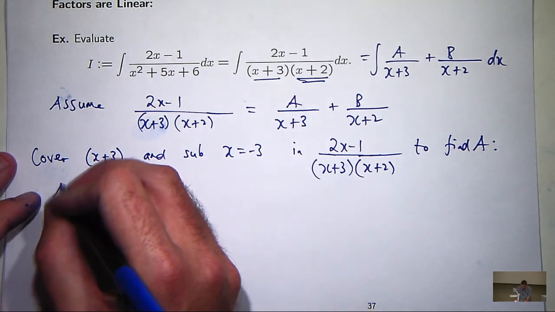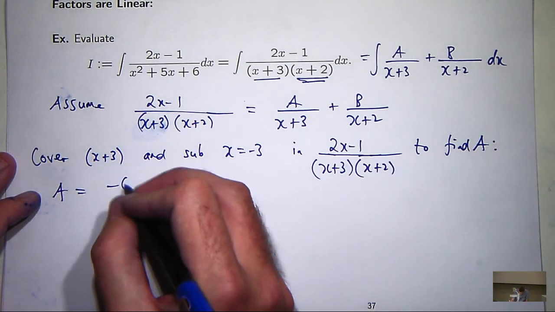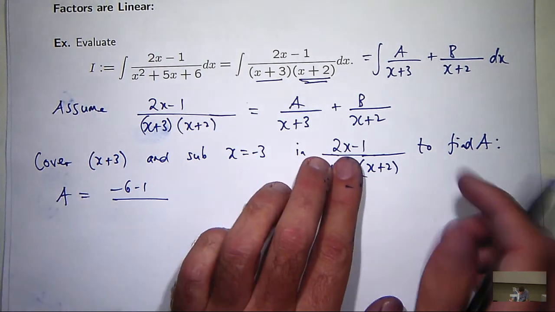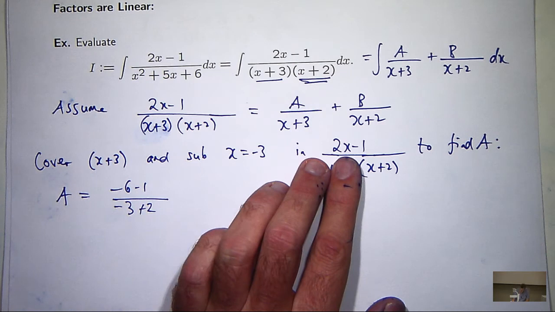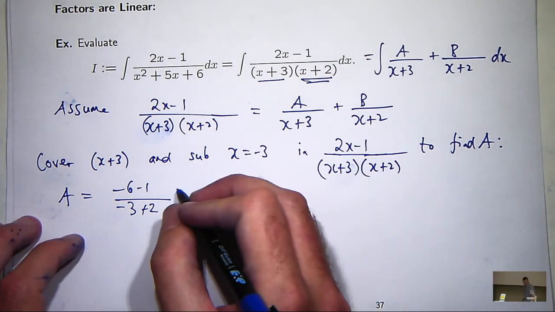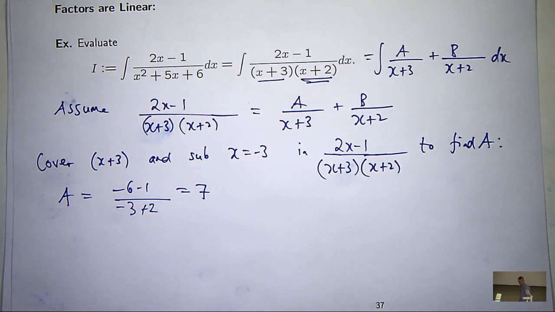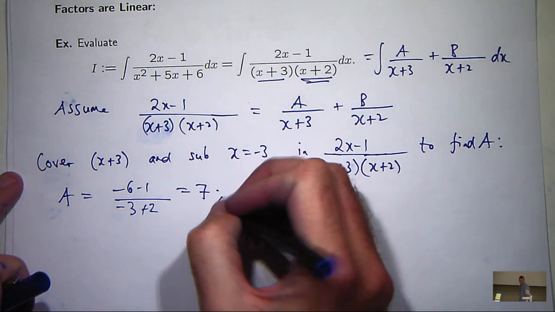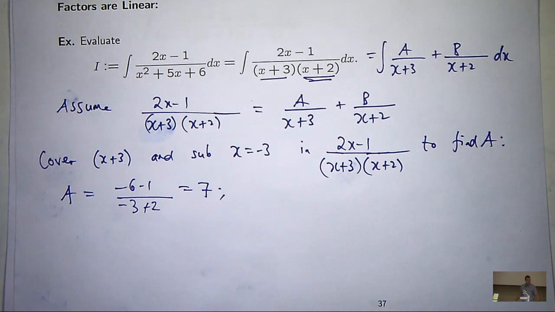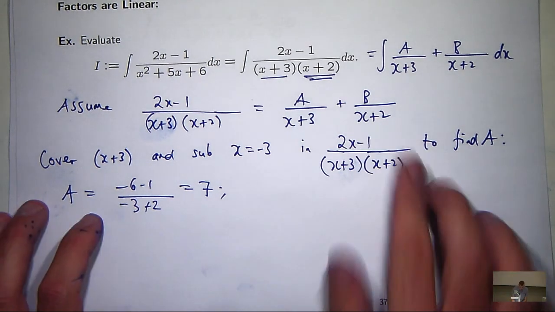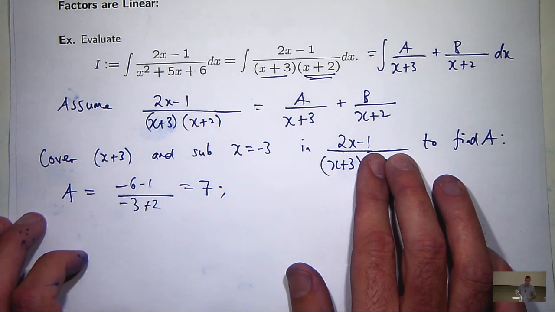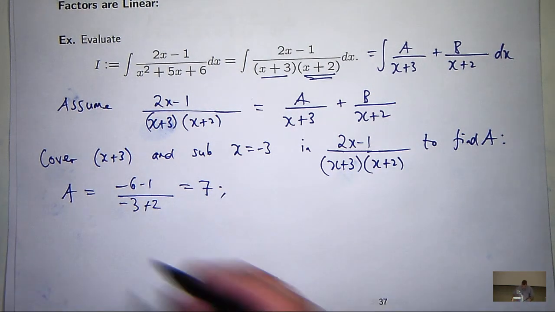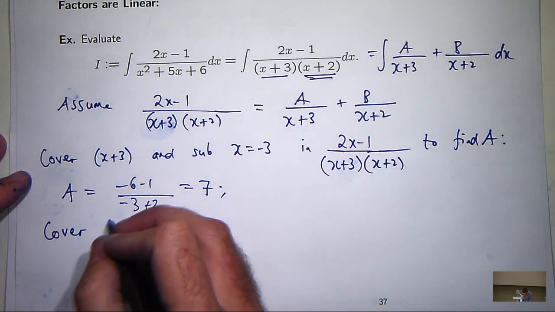So if I cover up x plus 2 and sub in x equals minus 2, I'm going to get the following.